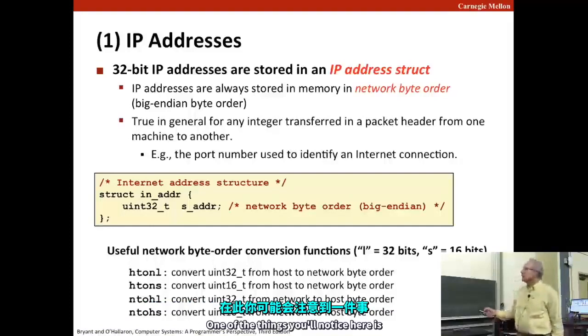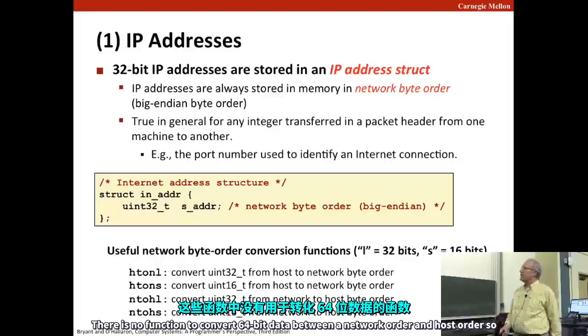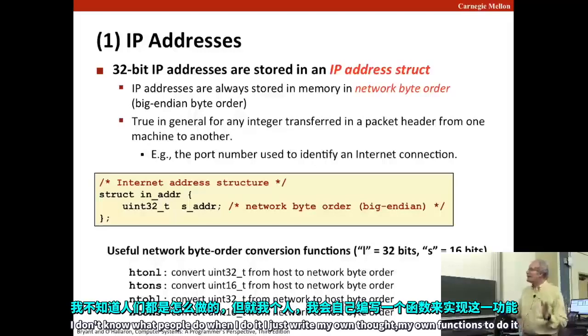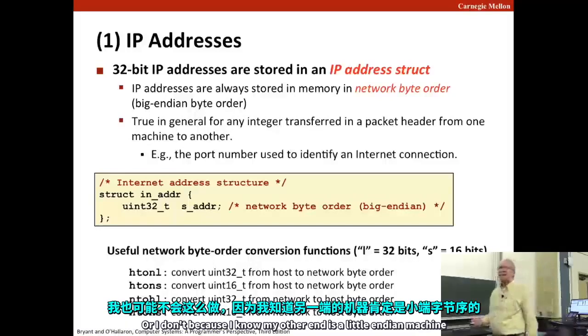One of the things you'll notice here is there is no function to convert 64-bit data between network order and host order. So I don't know what people do. When I do it, I just write my own functions, or I don't, because I know my other end is a little Endian machine.